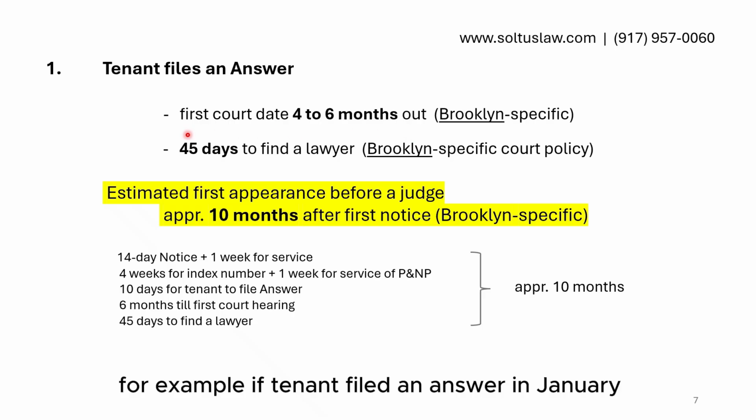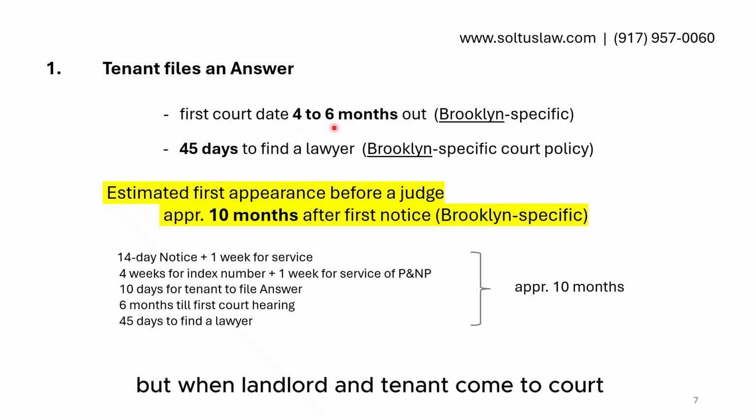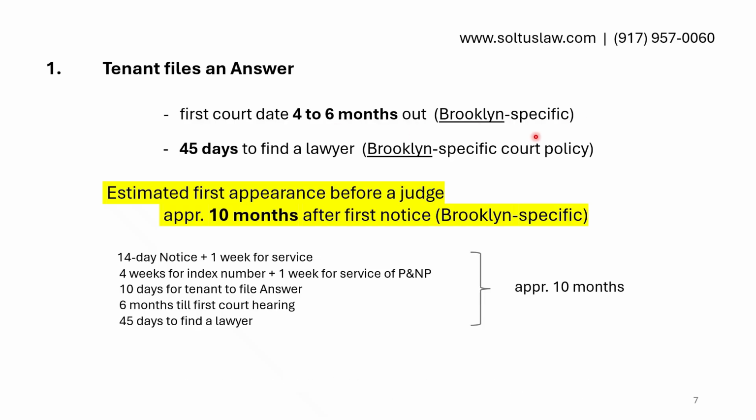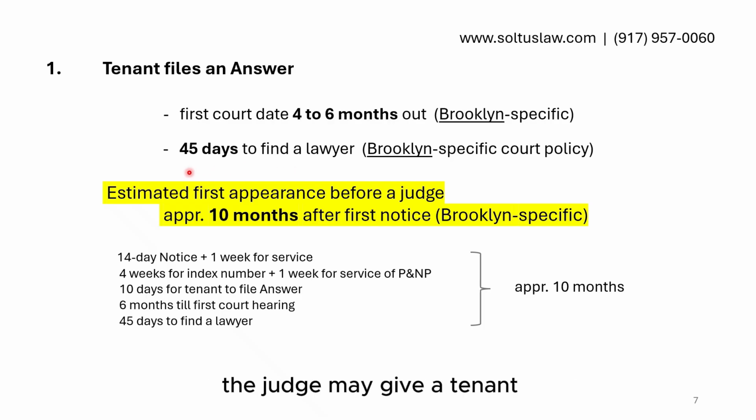For example, if the tenant filed an answer in January, the first court date would be set for April, maybe May, maybe even June. When landlord and tenant come to court on that first court date, in Brooklyn, if the tenant does not have a lawyer, the judge may give the tenant another 45 days to find an attorney.